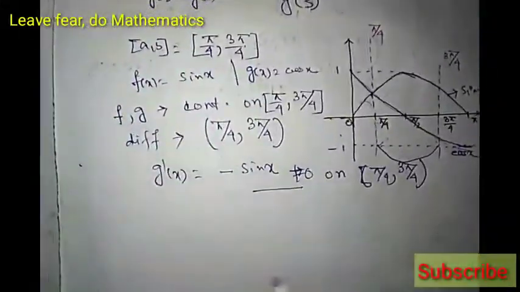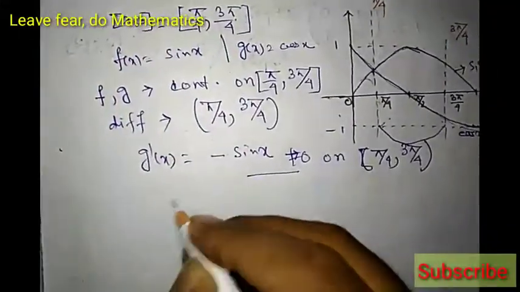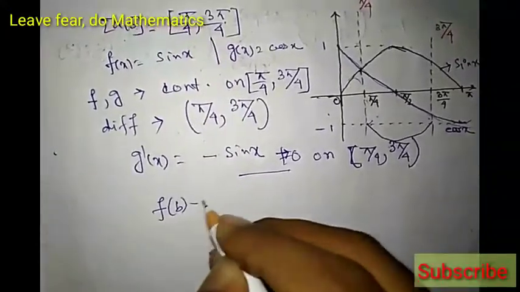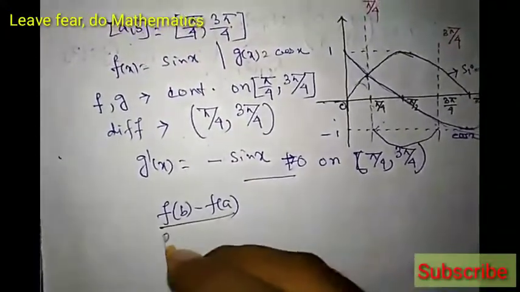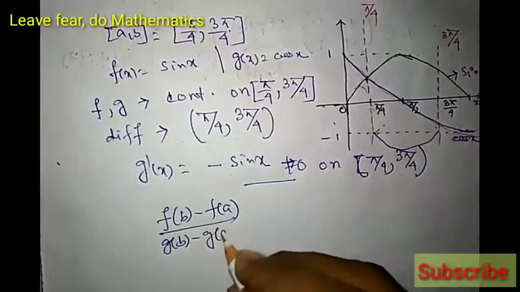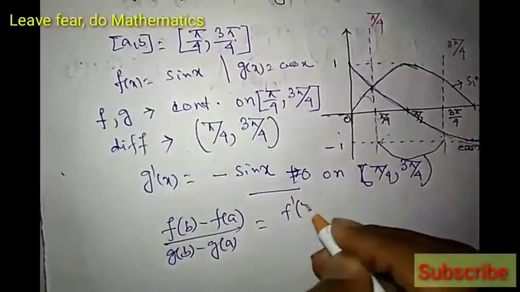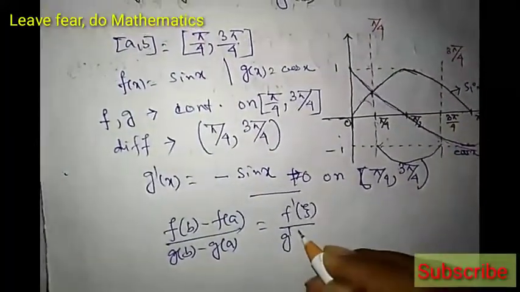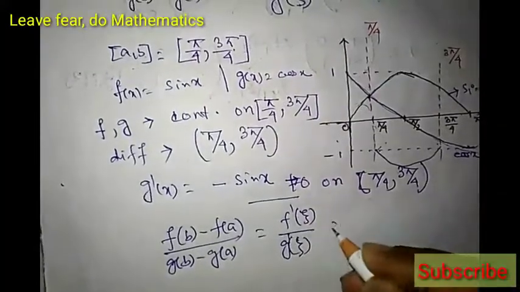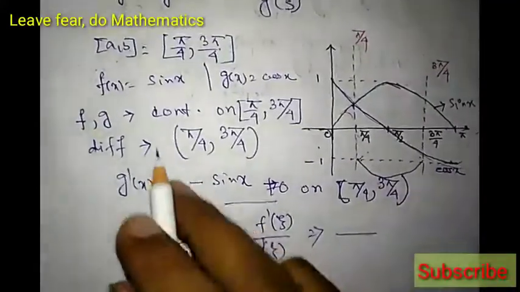So now we will find xi. All three conditions are satisfied, so now we will look for xi. We have (f(b) minus f(a)) by (g(b) minus g(a)) equals f'(xi) by g'(xi).